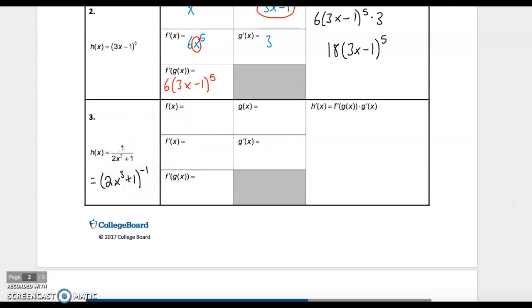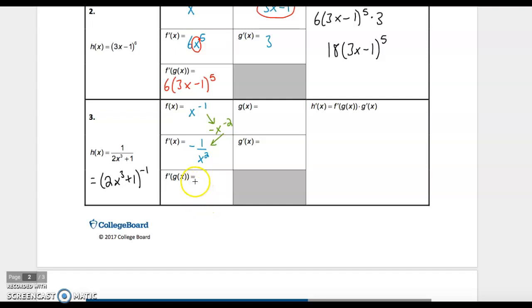Our outer function would be x to the negative first power, and then its derivative would be negative 1 over x squared, because when you take this derivative, technically, we'll do a little side step here, it would be negative x to the negative 2, which gets me back here.